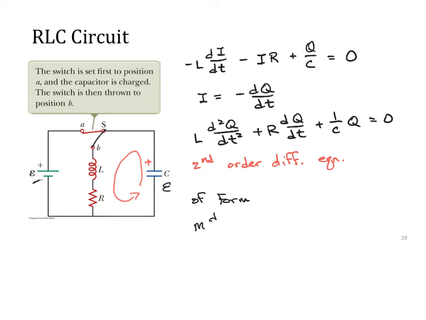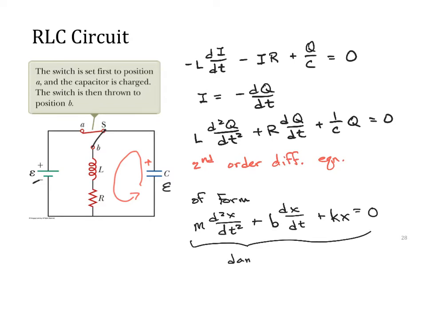So this looks like a second order differential equation that has a similar form to this one. So I've got mass, I've got position, all that good stuff. This equation is for the damped harmonic oscillator.